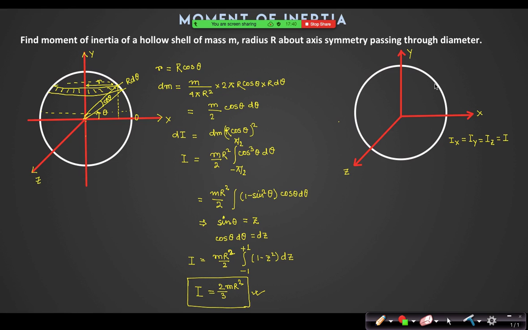Now if I take a single point on the surface of the sphere, let us assume I have taken a small point of mass mi. This is the ith particle of mass mi, and the location coordinate of this point is xi, yi, zi.